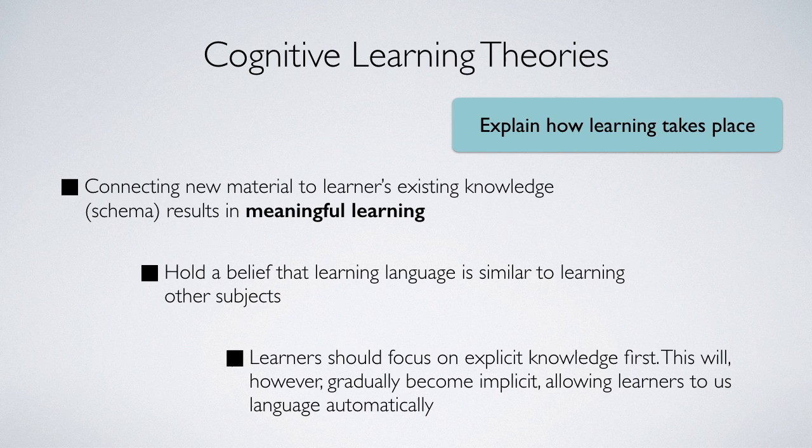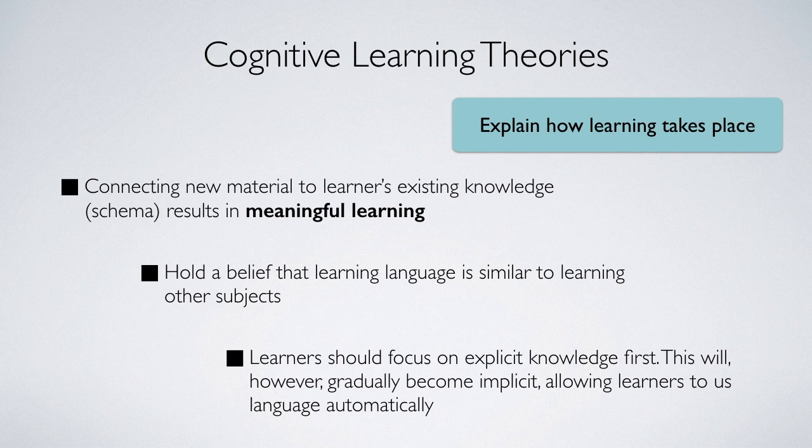We now move on to cognitive learning theories. Remember that cognitive is to do with the brain, so it is about how we think. Once again, there are some concepts here that you'll need to understand clearly. Cognitive theories explain how learning takes place. An important part of cognitive learning is the connection of new material with what learners already know.